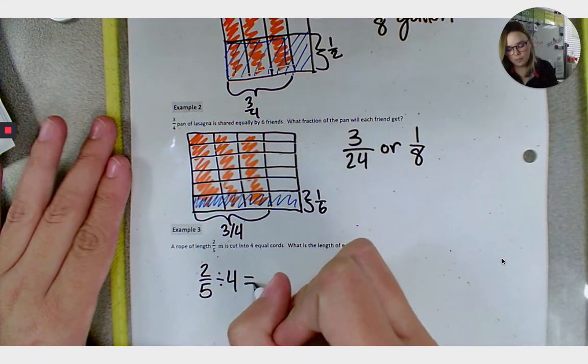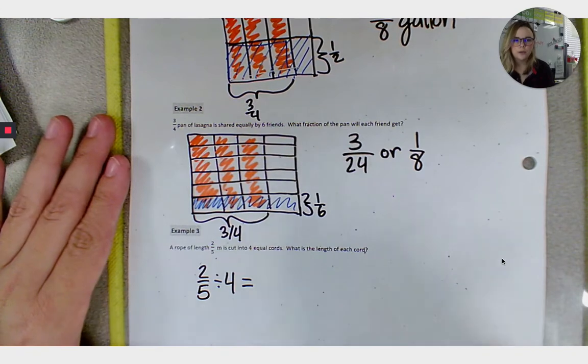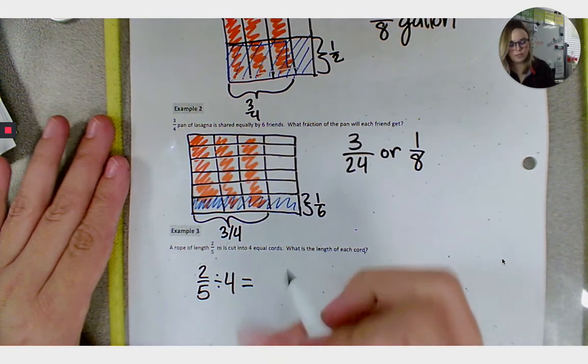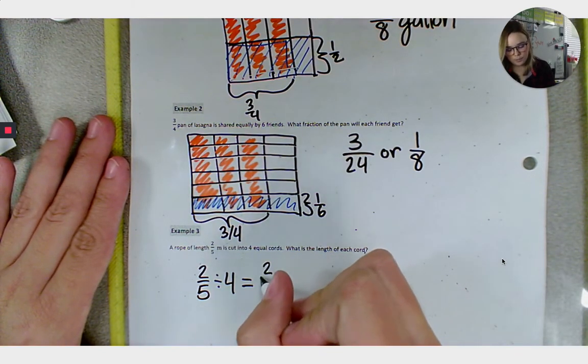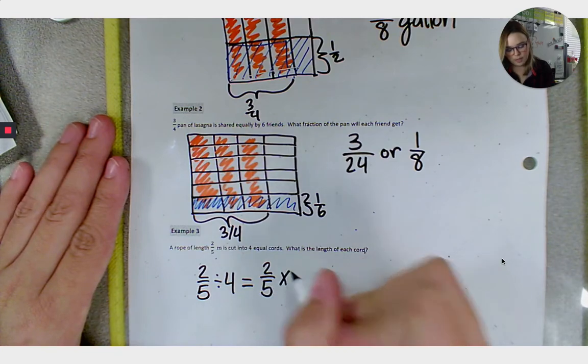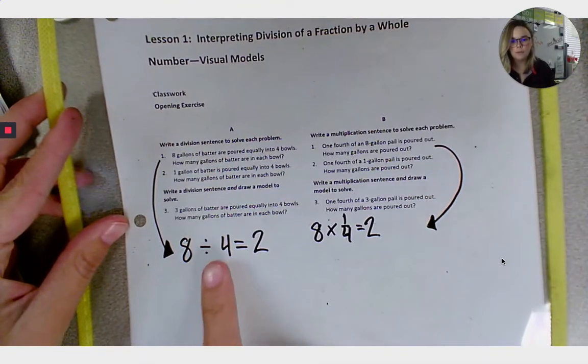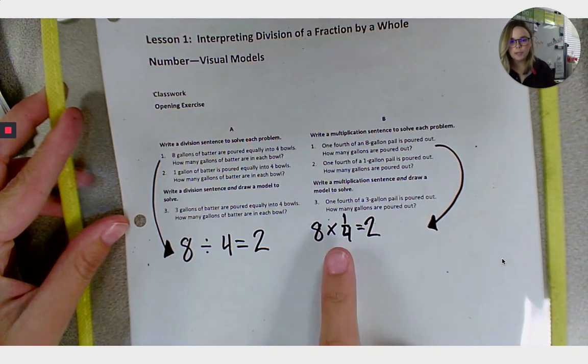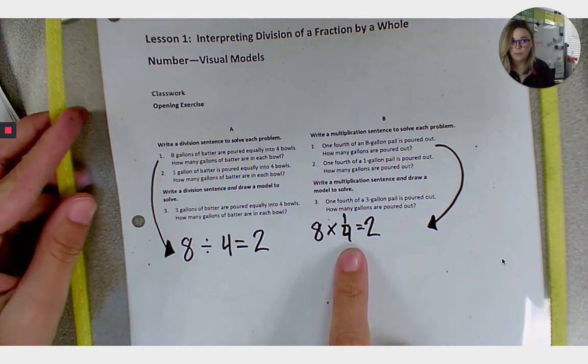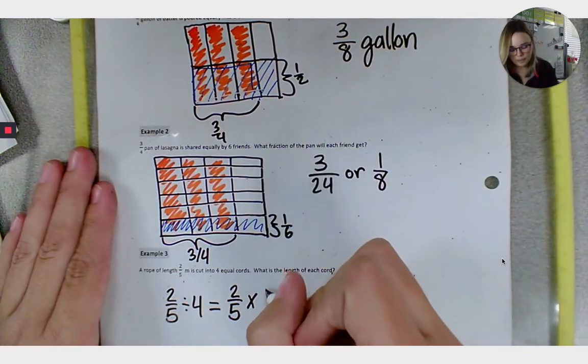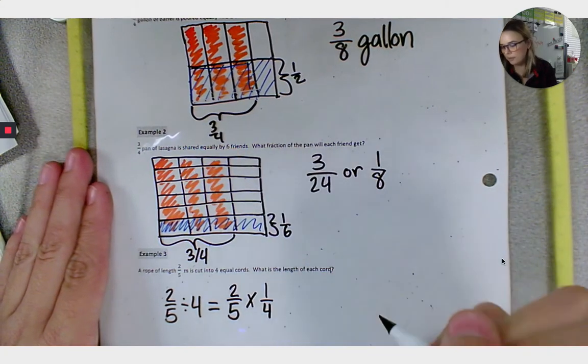And if we think about that classwork part at the very beginning, we know that we can write this as multiplication. 2/5 times something. So we know if we look back, when we divided by 4, when we multiplied, our 4 became 1/4. So when we multiply, it'll become 1/4 again.